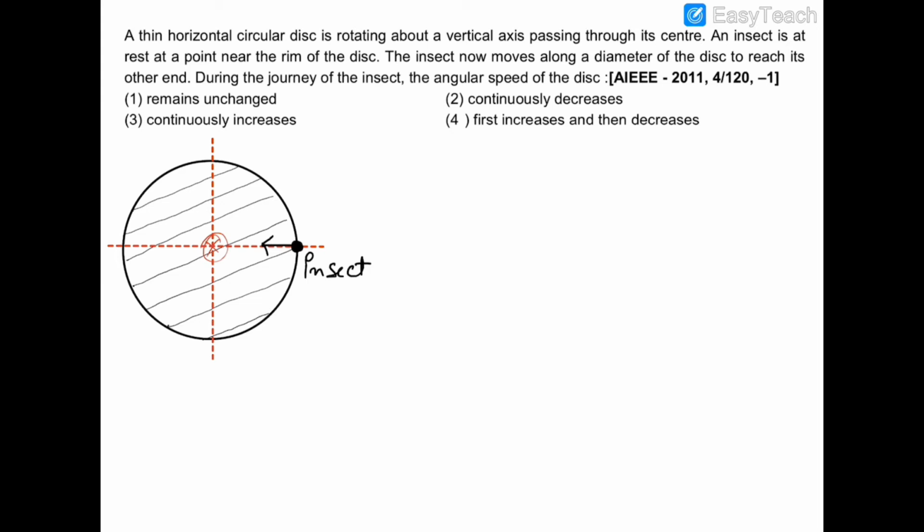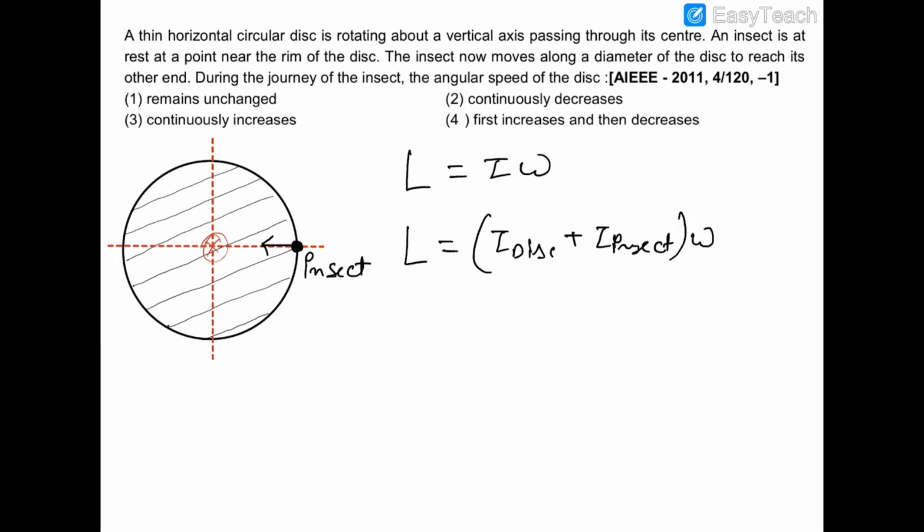Now we know that the angular momentum of this system will be I omega, where the moment of inertia would be I of disk as well as I of insect. Now we know that when the insect is moving on this diameter, the external torque acting on this complete system would be 0.